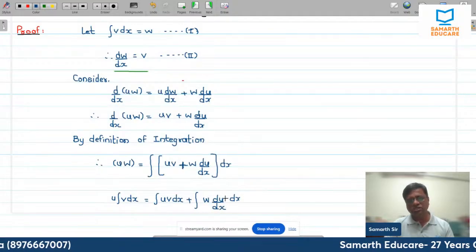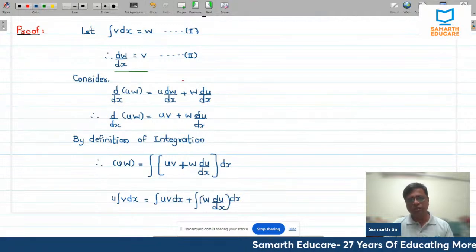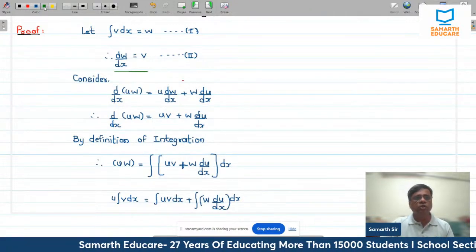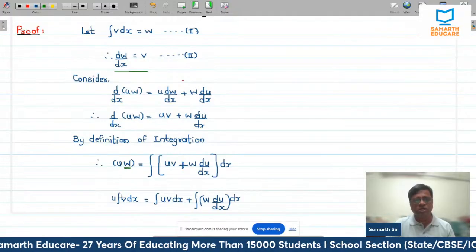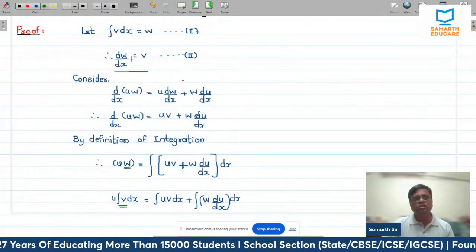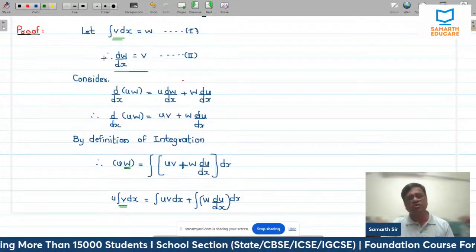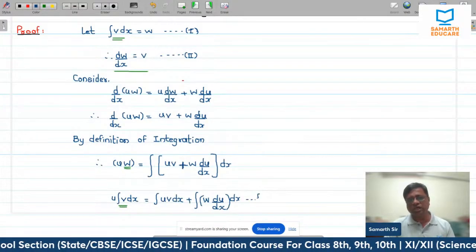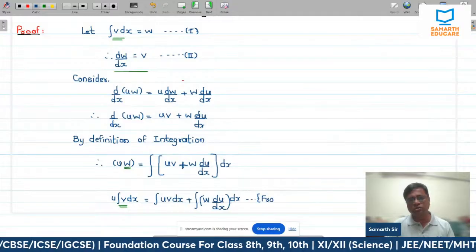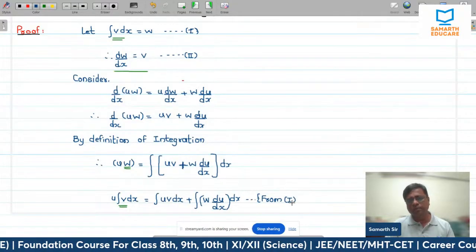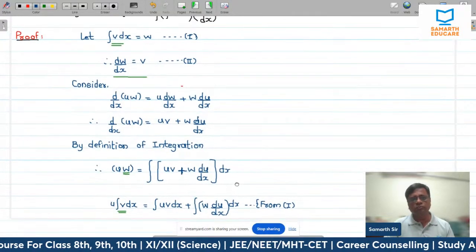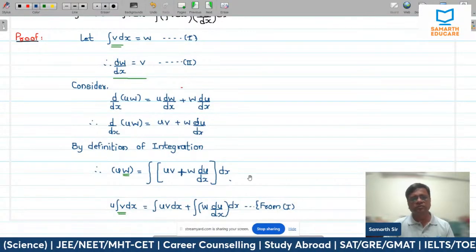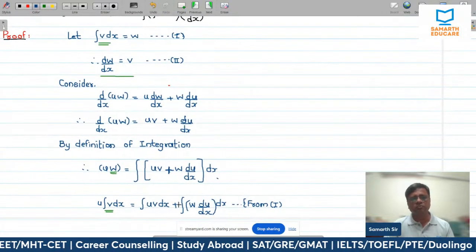Now this is a very important part. इसमें क्या किया है मैंने? I have done only one thing: w इसके बदले मैंने integration of v dx लिखा है. Can you see here? And right hand side पे हमने separation किया है, from equation 1. Okay. Now let me shift this a little.